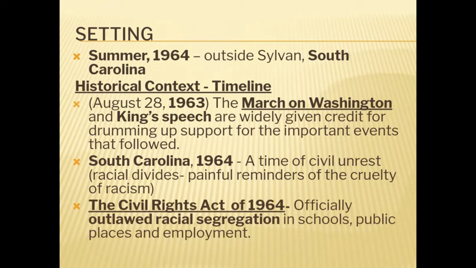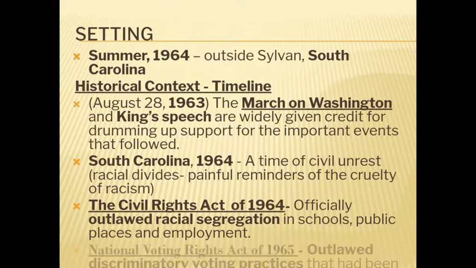We also have the Civil Rights Act of 1964 that's going to be mentioned in our novel. And that's when racial segregation was officially outlawed in schools, public places, and employment. And even though the Civil Rights Act was signed in 1964, it wouldn't be until many years later that all of these places would finally be desegregated.